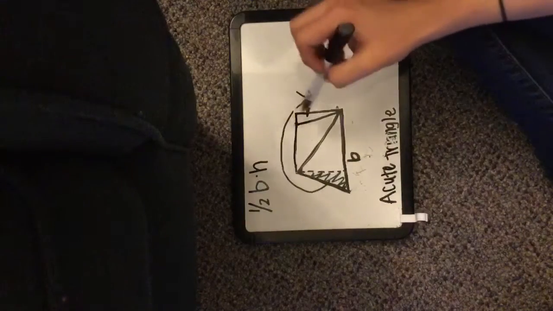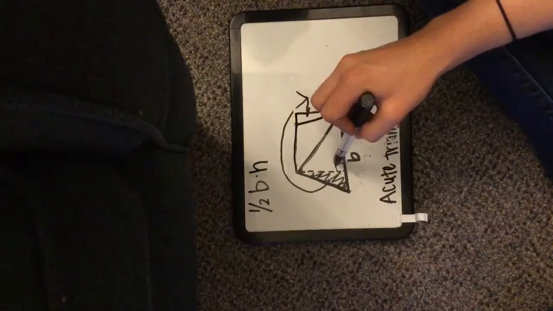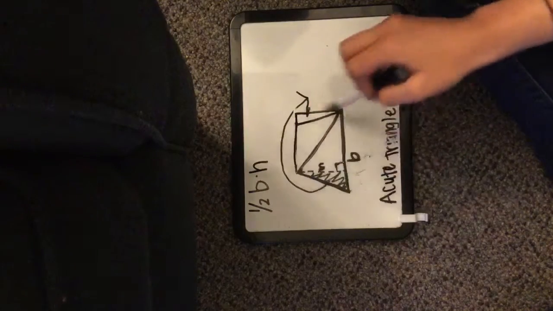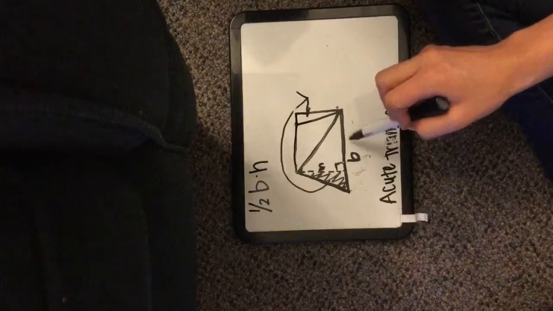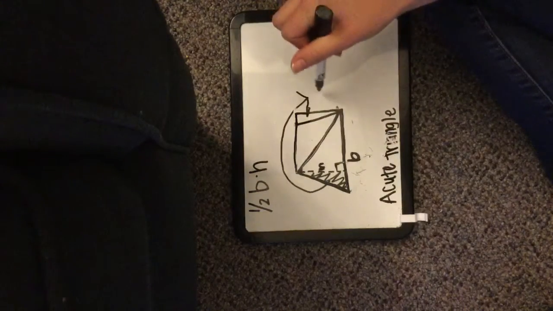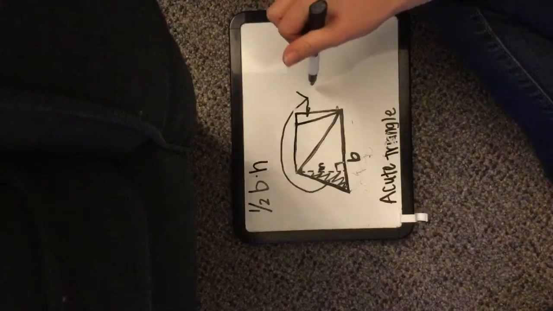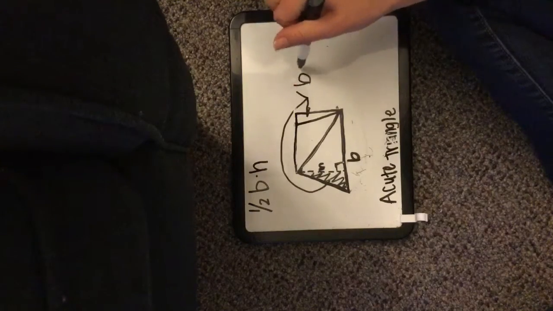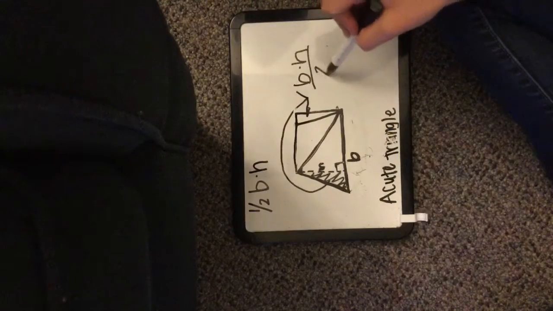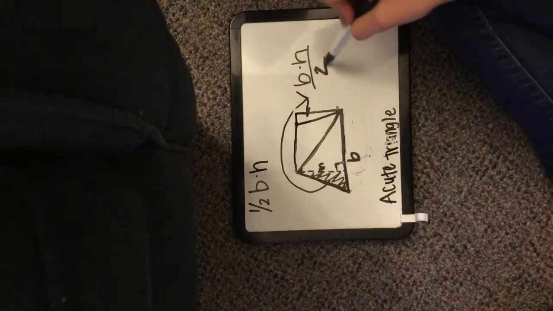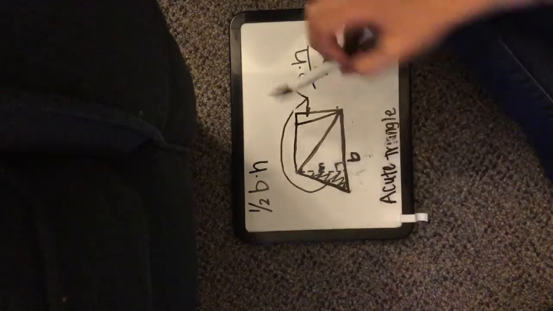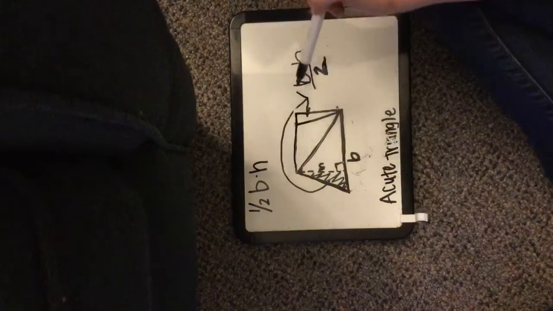Now we have a full rectangle with a right angle. So here's our height, and since we moved this over here, we still have the same base. And we can now solve for the area of the rectangle, which is base times height, and divide it by 2 like we did with our right triangle, because our original triangle is half of the rectangle.